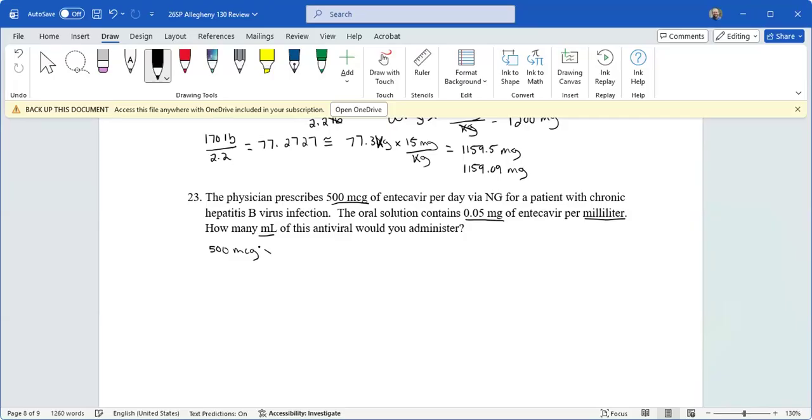So how do I do that conversion? Well, you have to remember how many micrograms are in a milligram. So 1 milligram, 1,000 micrograms. And then you're going to get 0.5 milligrams as your order.